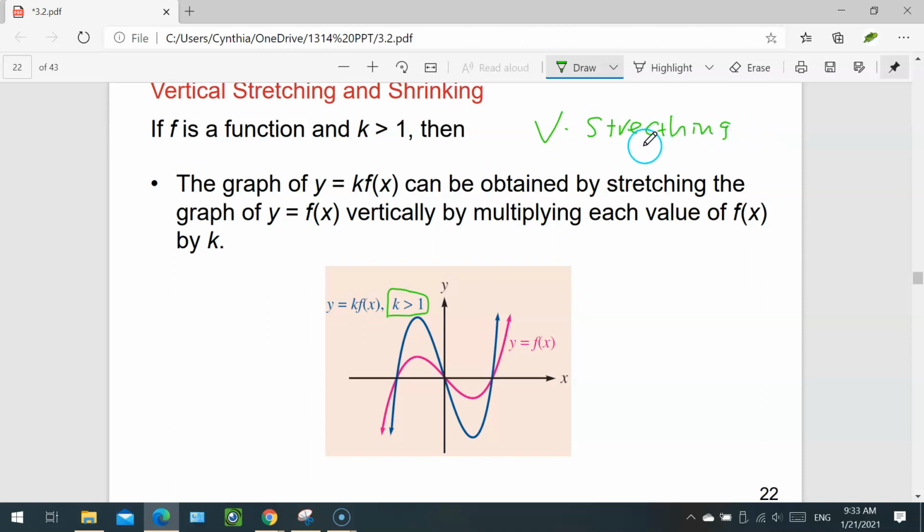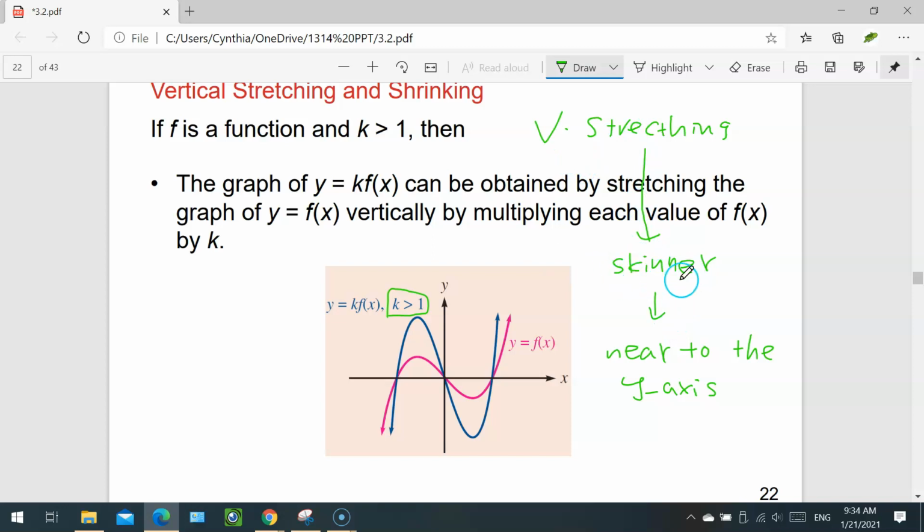When you have the vertical stretching, that means your graph will go skinnier. It will be near to the y-axis. That's an easier way you can identify it.